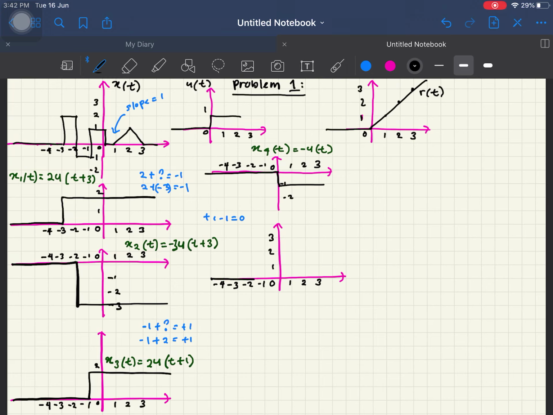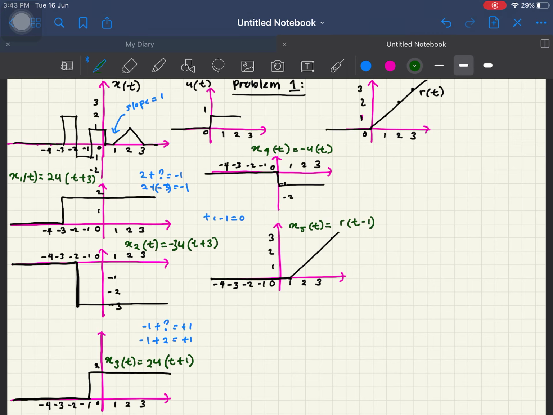Okay, so here it becomes 0 at t equals 1, and then here draw the slope. This one, let's call it x5. So x5 is a ramp signal, so r, time shifted to the right by 1 second, so t minus 1.